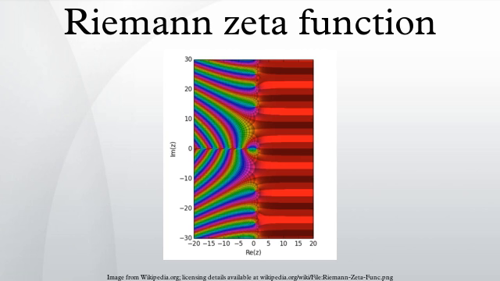MR 1545177. Ivić. The Riemann zeta function. John Wiley & Sons. ISBN 0-471-80634-X. Motohashi, Y. Spectral Theory of the Riemann zeta function. Cambridge University Press. ISBN 0521445205. A. A. Karatsuba, S. M. Voronin.